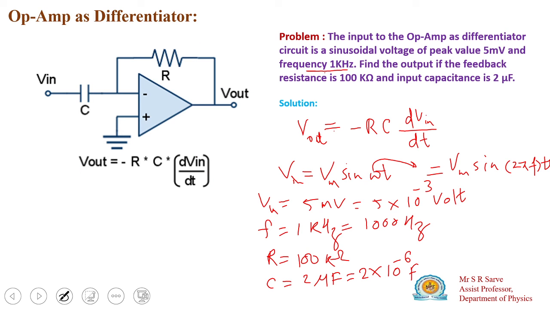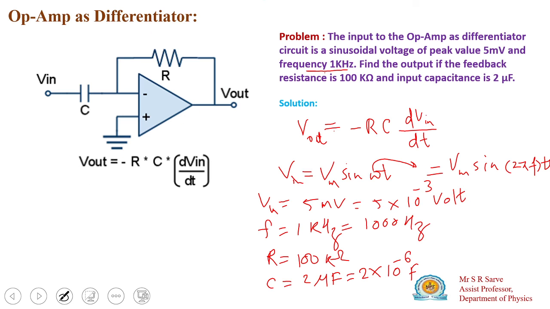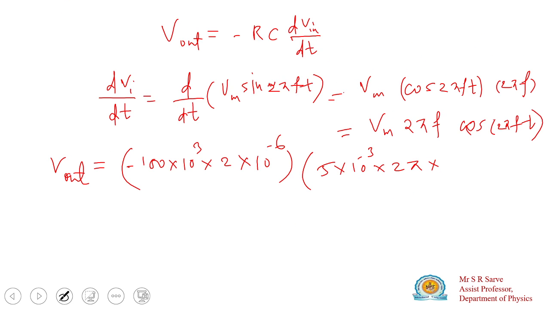Vm is 5 millivolt, so Vm is equal to 5 into 10 to the power minus 3, into 2 pi. What is the value of frequency? f is equal to 1000, or you can take it as 10 to the power 3, into cos 2 pi, 1000 into t.